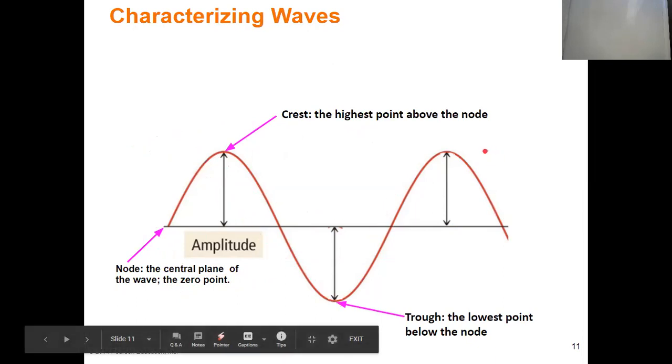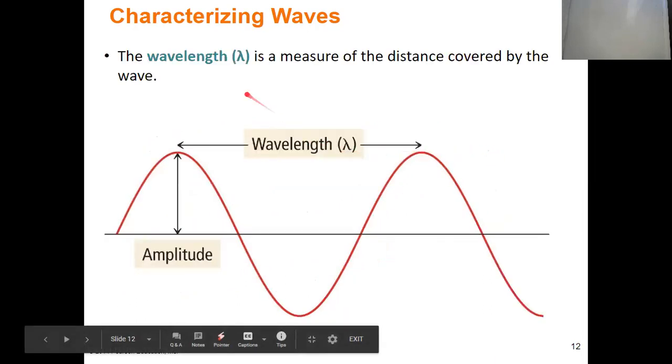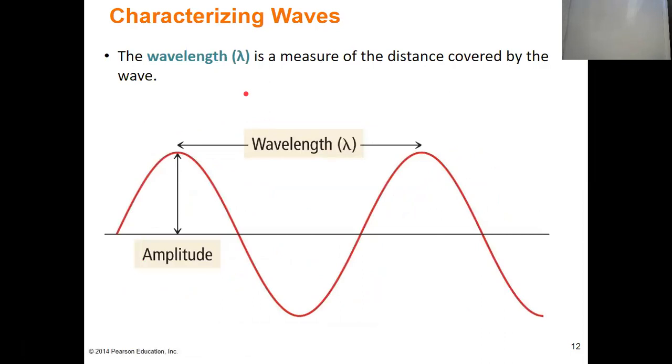And we are going to measure a wavelength of a wave from two similar points in the wave cycle. So if you measure the distance between one crest and another crest, that is a wavelength.